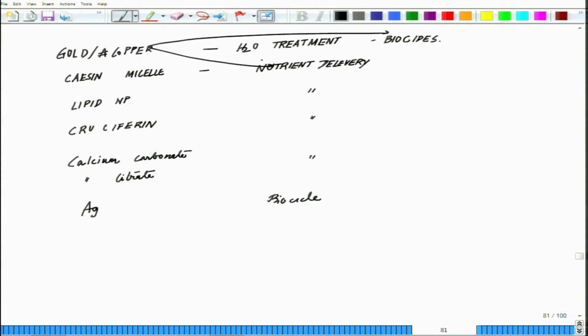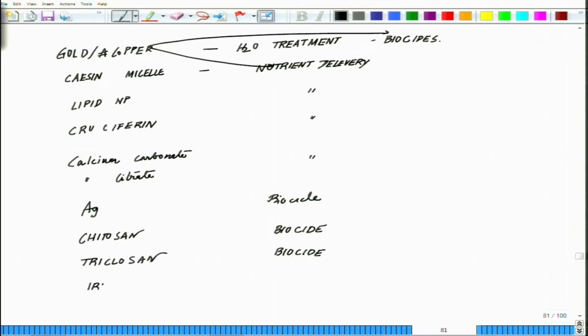Then you have chitosan polymer, which is used as a biocide. Similarly, there is another molecule called triclosan. Triclosan has anti-malarial activity, and it is also used as a biocide.